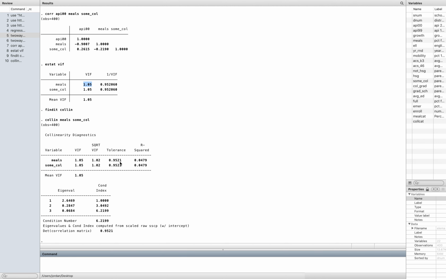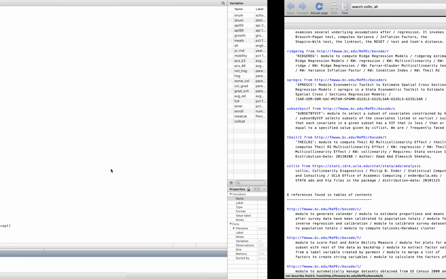So you're fine. I just wanted to do this so you can see that VIF and your tolerance statistics go hand in hand. They're really just the inverse of one another. So I wanted to put that out there to y'all. So that is the second assumption of regression. I hope that makes sense.